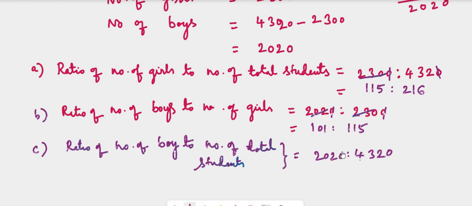So here 0 0 will cancel. So both are even numbers. 101 is to 216. These are the ratio of number of girls to number of total students, ratio of number of boys to number of girls, ratio of number of boys to total number of students.